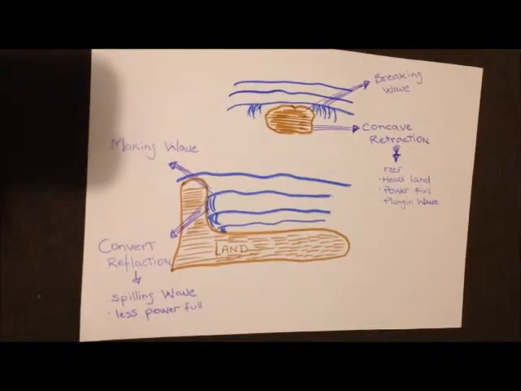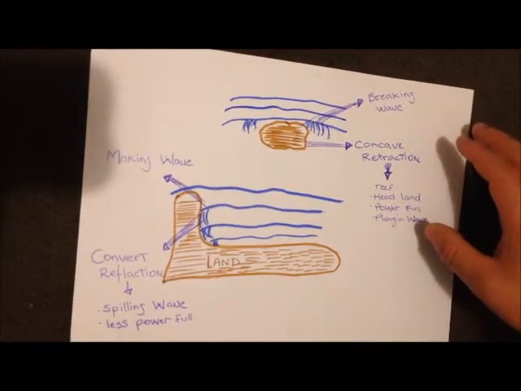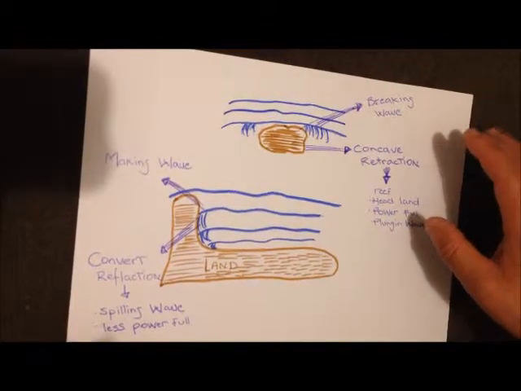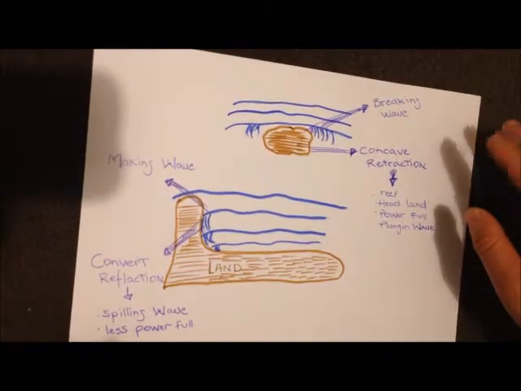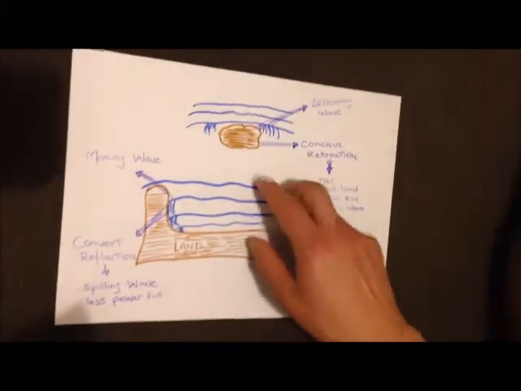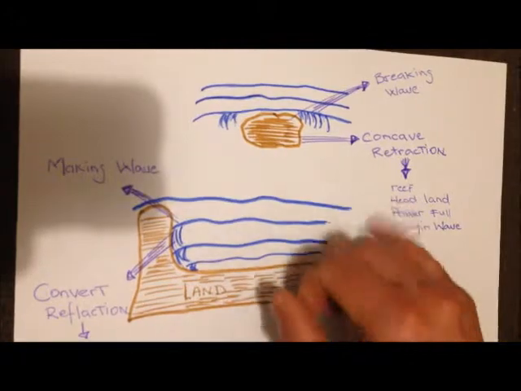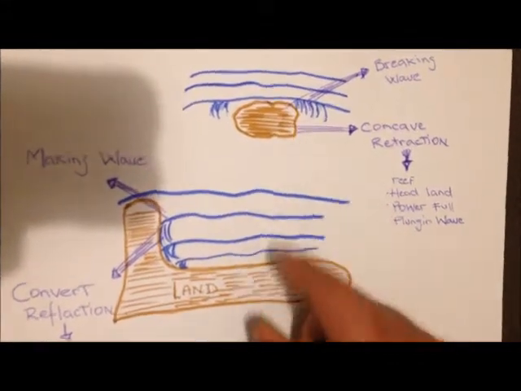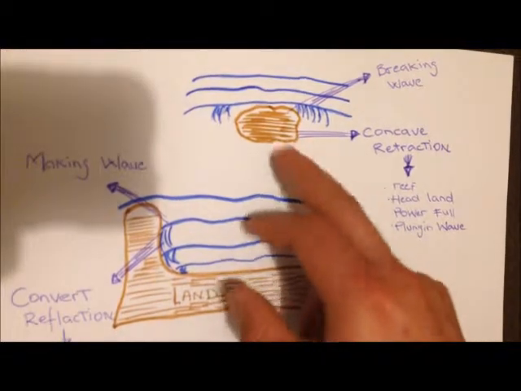Okay, and another is concave refraction wave, involving a change in direction of waves when they bounce off barriers. You see, concave refraction, breaking wave, like a reef or headland, makes a powerful plunging wave.